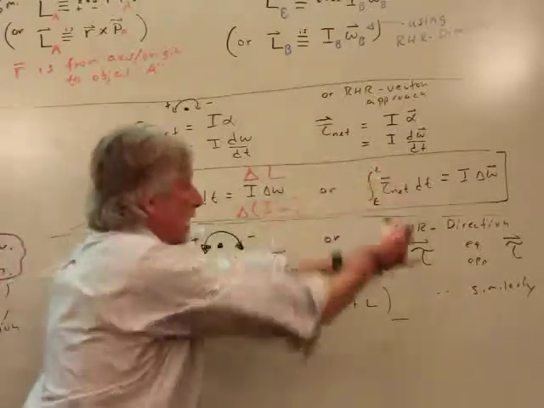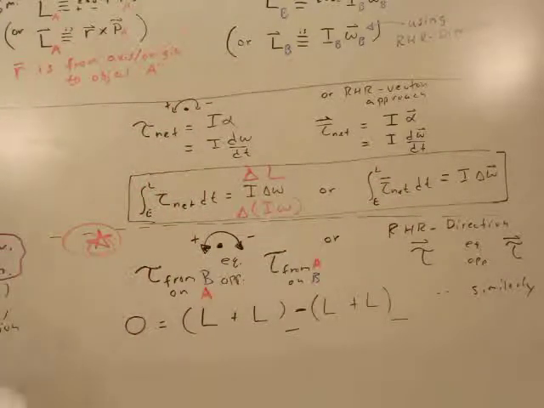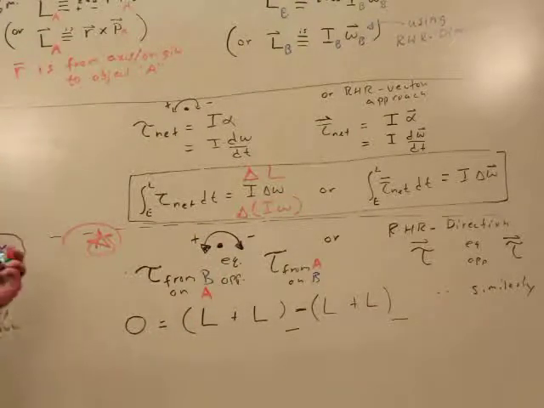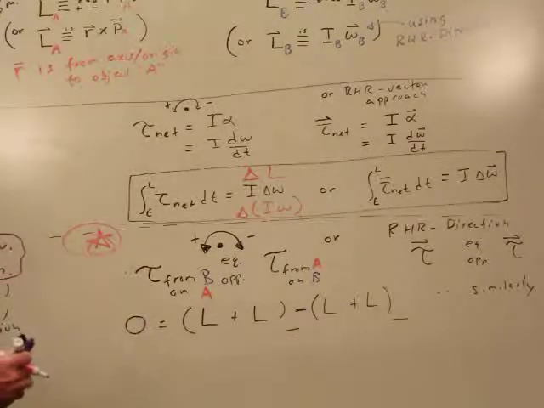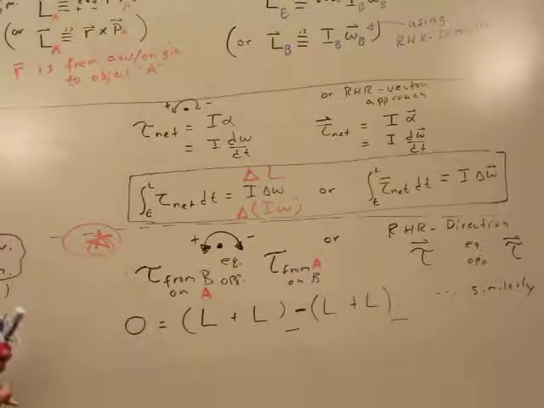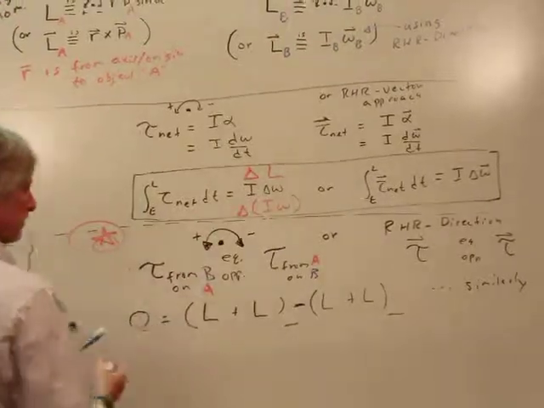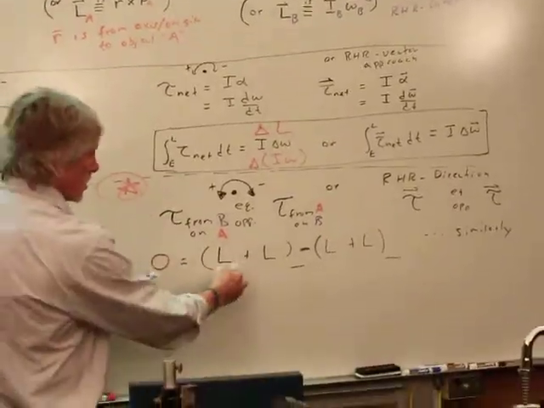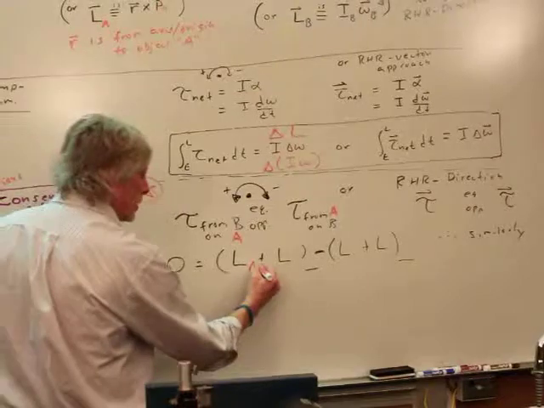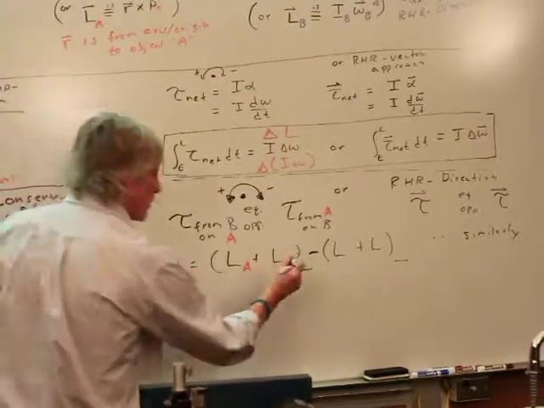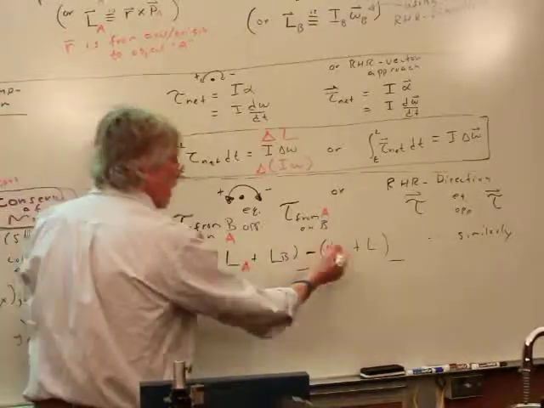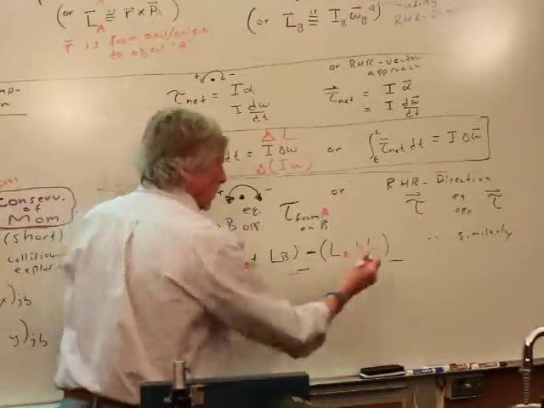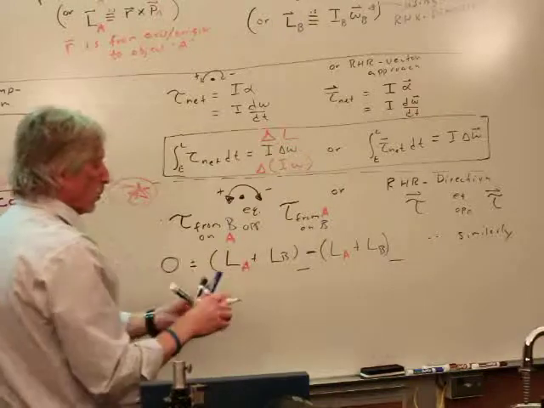And I can use the right-hand rule direction too. You don't even need to write it anymore. I'm either using that or that right-hand rule direction. So it gets to be less when you get more familiar with it. That means that there's no change in total angular momentum. And again, you don't want to do this for a big old mess. Energy is good for that. So that means the angular momentum of A plus the angular momentum of B, minus the angular momentum of A plus the angular momentum of B. When?